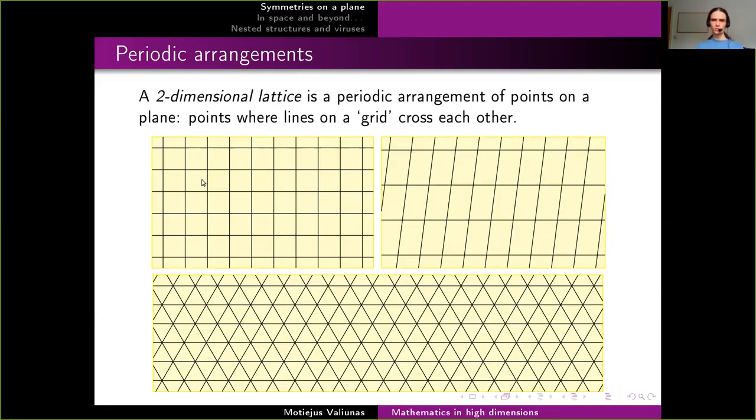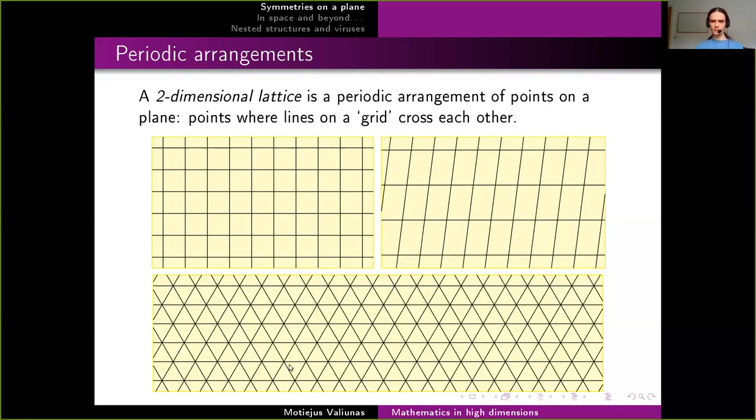The most common grid you can think of is just a square grid, here on the top left. We can stretch it a bit and deform it to have another grid, which doesn't look that regular, maybe that nice.